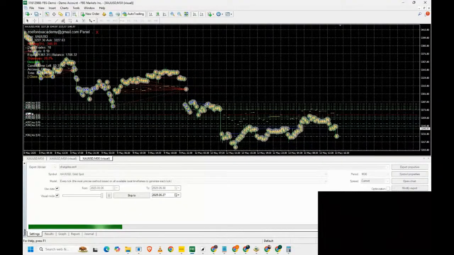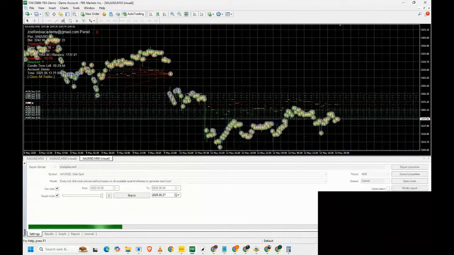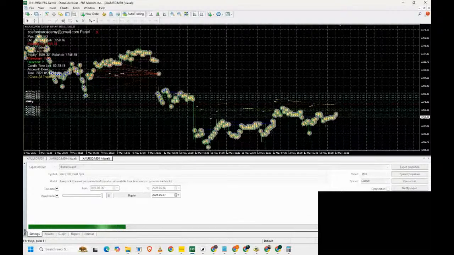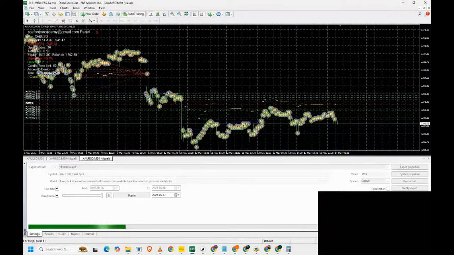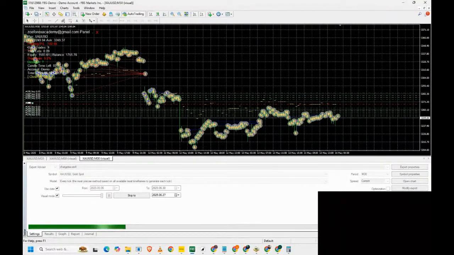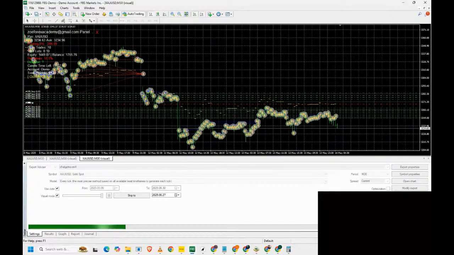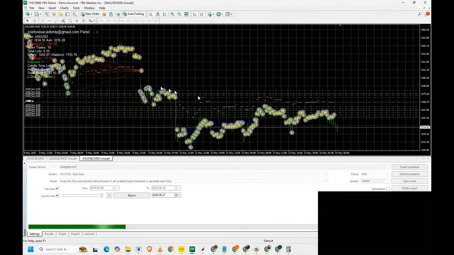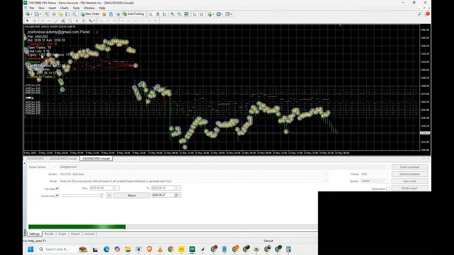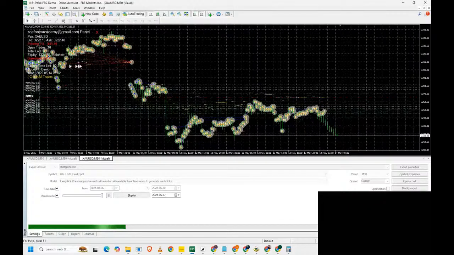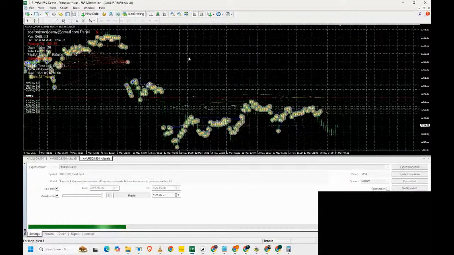So if you're looking at the drawdown and the profit, the moment the profit hits, it stops trading. The moment you hit the drawdown, it stops trading. So rather than the bot getting down as far as 1,300 cents down, which is just $170, it stops trading for the day.